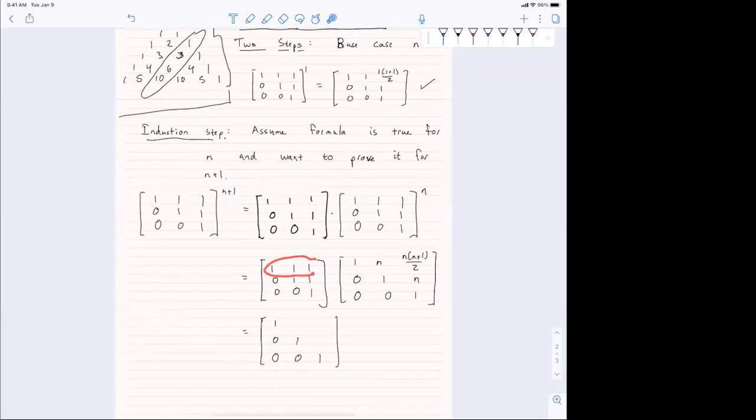Taking the first row and the second column, I get 1 times n plus 1 times 1 plus 1 times 0. So that's n plus 1. Life is looking good so far. If I take the second row and the third column, I get 0 times this mess, which is 0, plus 1 times n plus 1 times 1, which is n plus 1 yet again.